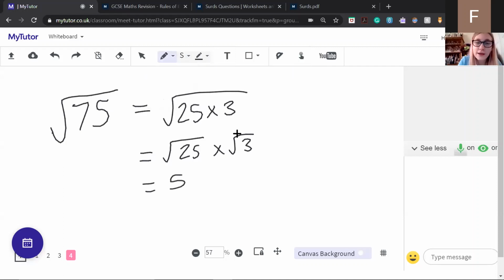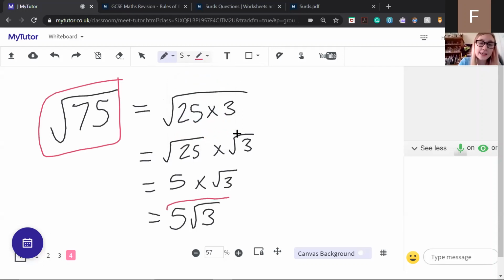So we can write that 5 times root 3. And then mathematicians don't like writing times, so we would always just express this as 5 root 3. And hey presto, root 75 is the same thing as 5 lots of root 3, which I think is pretty cool, that these two irrational numbers are linked like that.